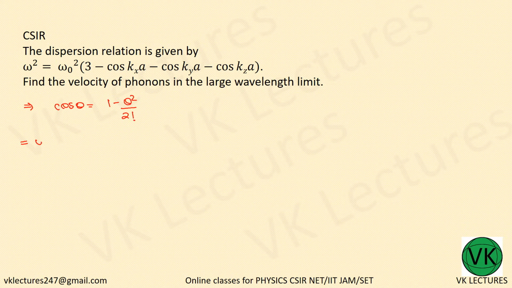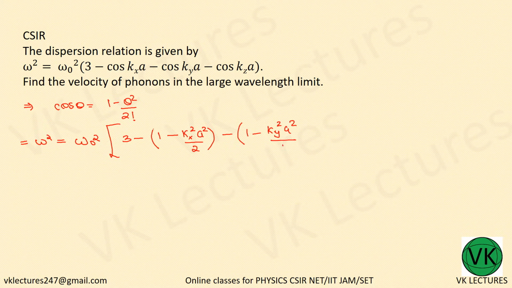Now here omega square is equal to omega naught squared into 3 minus, so cos ka is nothing but 1 minus kx square a square divided by 2, minus 1 minus ky squared a squared divided by 2, minus 1 minus kz square a square divided by 2.